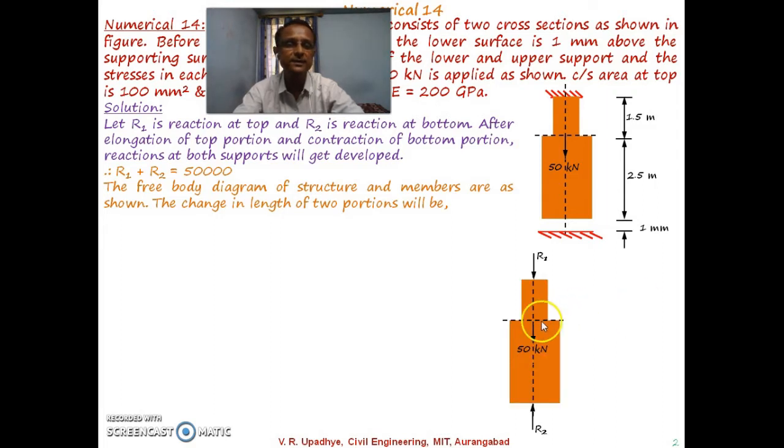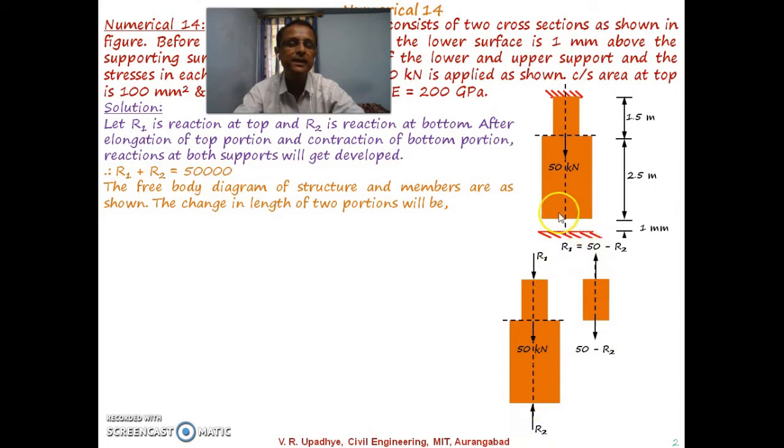So this diagram shows that the 50 kilonewton force is the applied force, R1 is the supporting reaction at the top and R2 is the supporting reaction at the bottom, and the members are as shown. So if we draw the free body diagram of each member, then R1 will be equal to 50 minus R2.